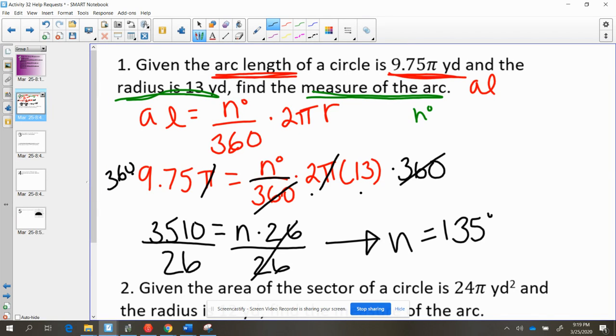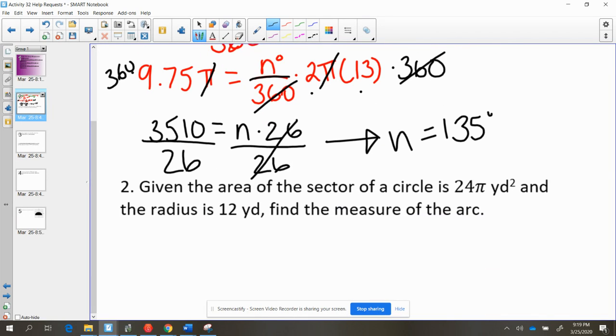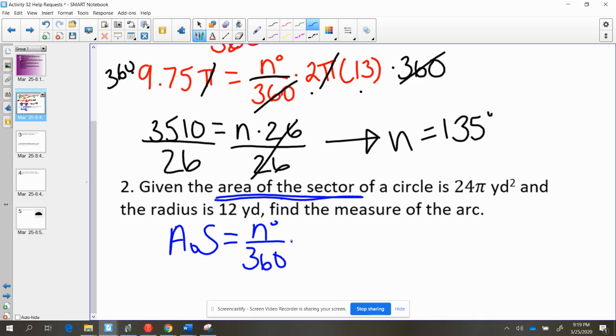Now on the flip side, for number 2, notice they're not asking you for arc length. They're asking you for the area of the sector this time. That means we're using a completely different formula, because the area of the sector equals n degrees divided by 360, but it's a fraction of the area, so pi r squared. Make sure you're using your formulas correctly.